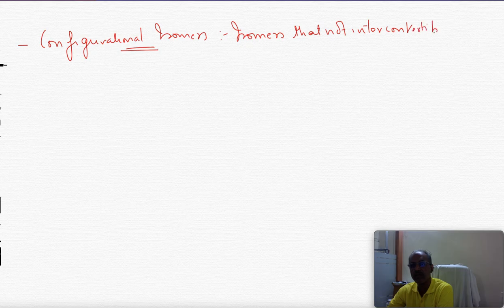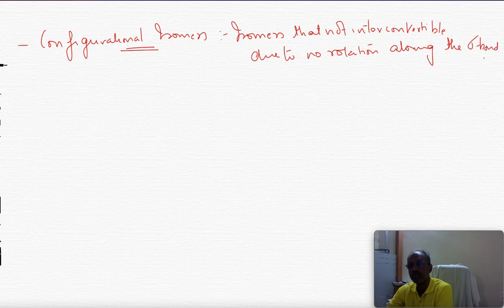That means you can say these are isomers that are not interconvertible, due to no rotation along the sigma bond.